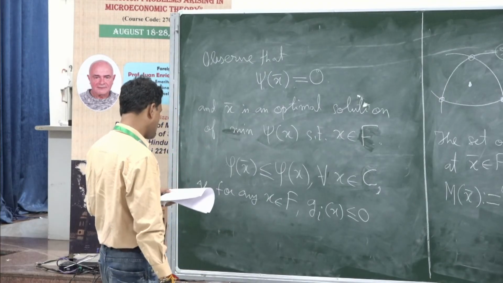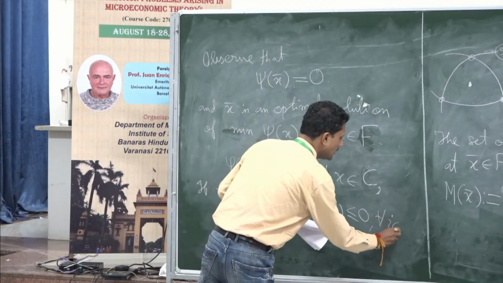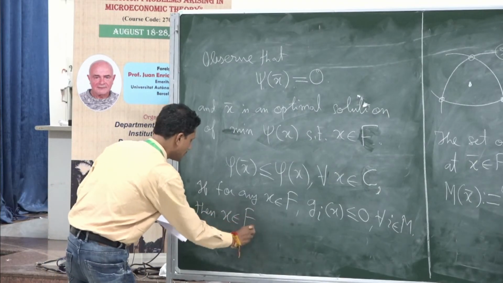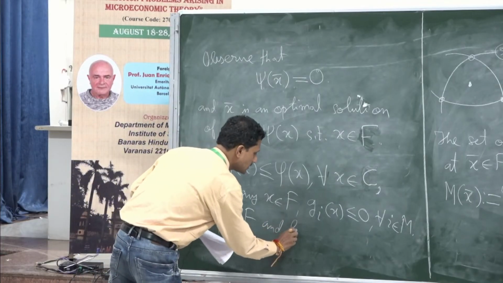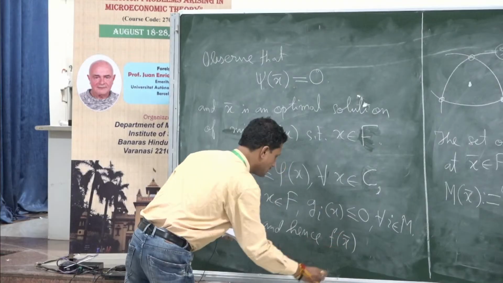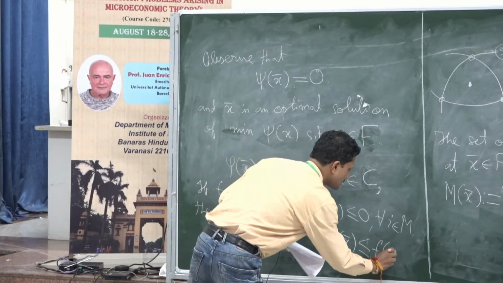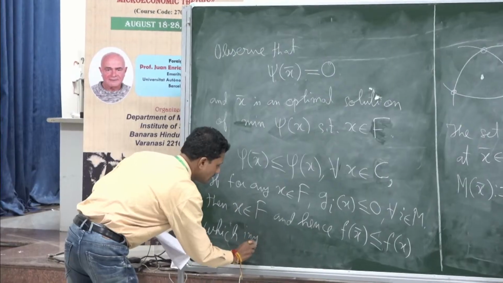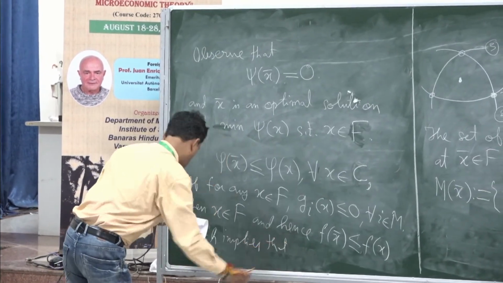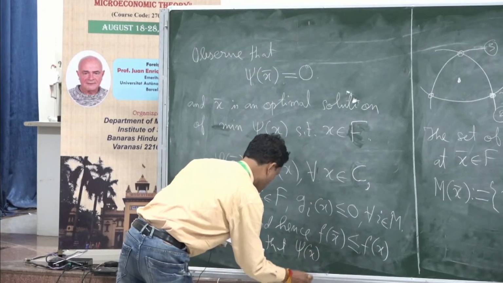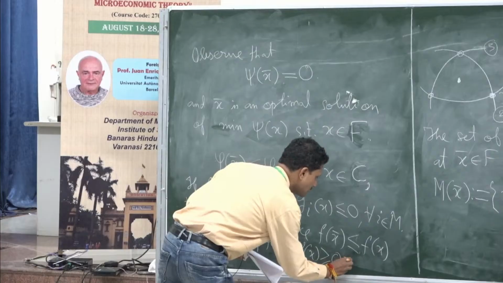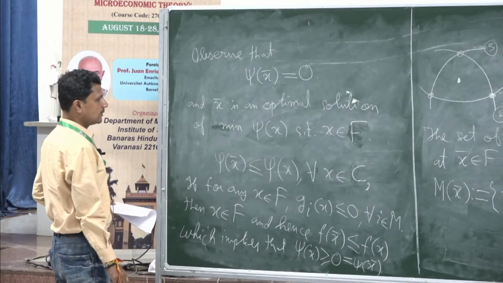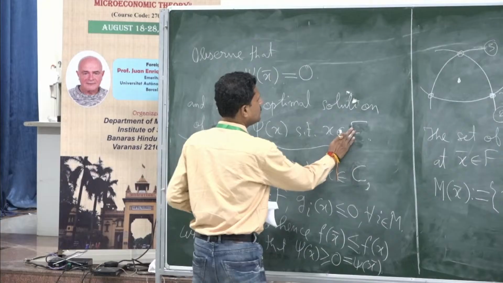So if gi of x is less than or equal to 0 for every i in M, then this x belongs to F, right? And hence you have f of x bar less than or equal to f of x, which implies that phi of x is greater than or equal to 0, which is equal to phi of x bar. I think it should be C here.